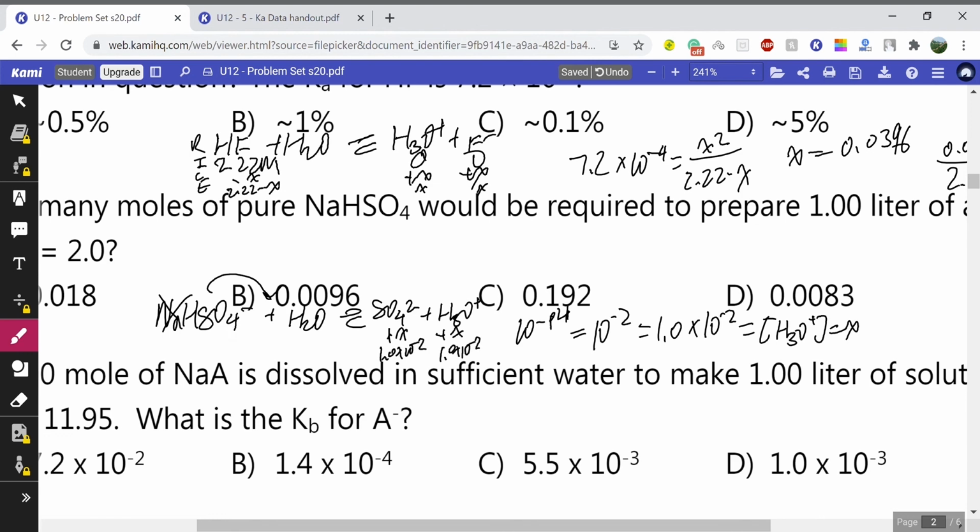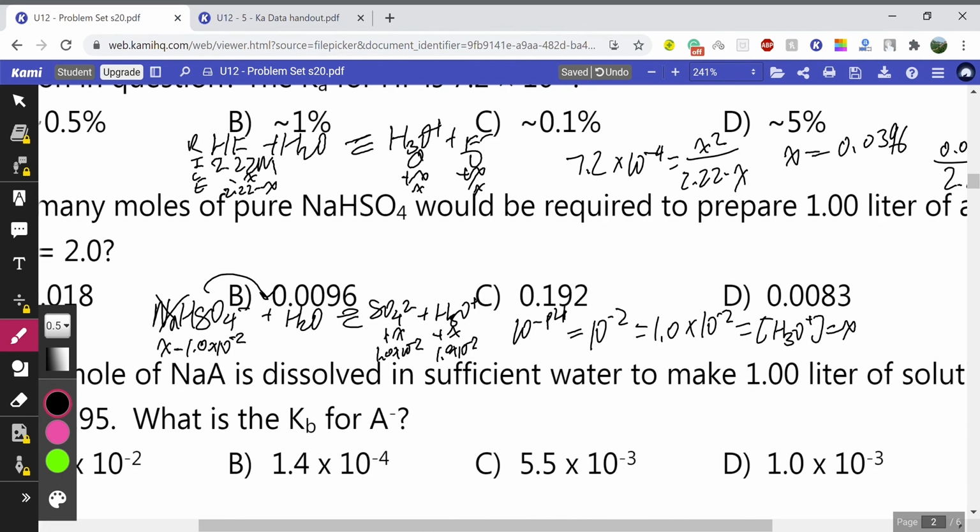Over here, this solution will be a different x. Minus x will be our initial for NaHSO4, which is what we're finding, minus our x for the concentration of H3O plus. So this is what our equation will be, and now we need to find the Ka2.